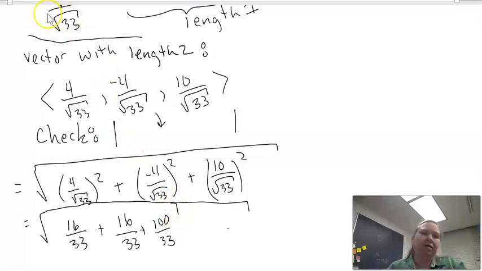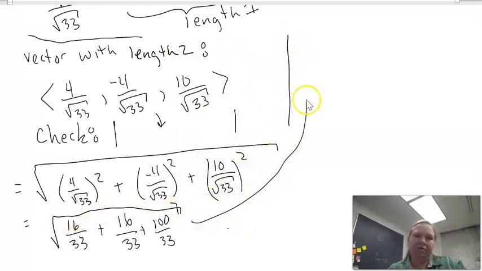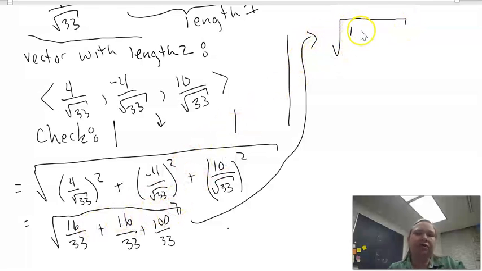So I'm going to get, and I have to redraw that square root to make enough space for myself here. When I add those together, I am going to get the square root of 132.